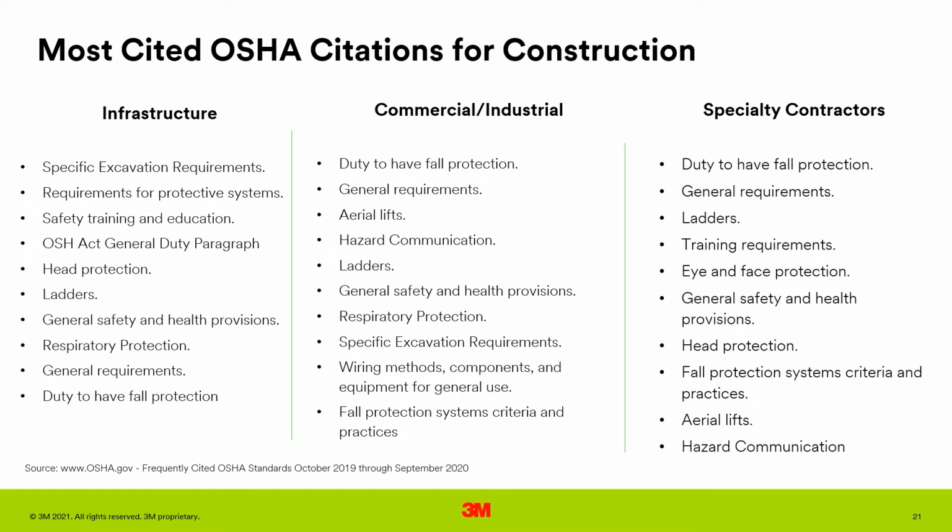So it's important to think about that as well. The other piece with the specialty contractors, again, fall protection, ladders, lots of training, lots of eye and face with the specialty contractors and head. So similar things, but as you're thinking about which one you're approaching, thinking about what things people get cited for can help you to think about what should I bring out first.